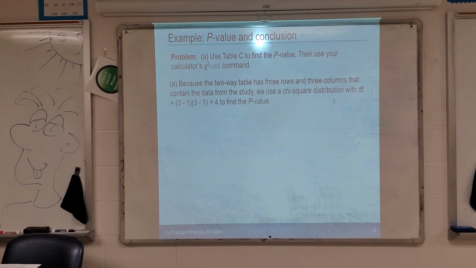Because our table has 3 rows and 3 columns, the degrees of freedom is always the number of rows minus 1 times the number of columns minus 1. So if we have 3 rows and 3 columns, our degrees of freedom is 2 times 2, which is 4. That's how you find the degrees of freedom for a two-way table.